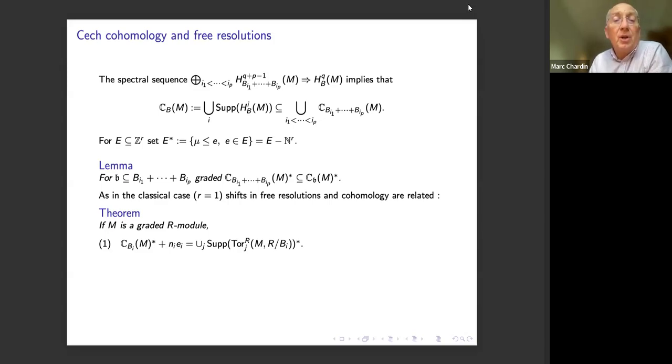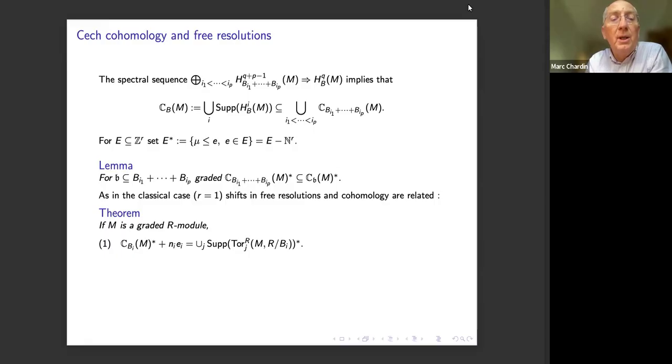So if M is a graded R-module, okay, then if you look at the cohomology with respect to B_i, and this is essentially just looking at graded pieces here, extending the usual results about cohomology with respect to one set of variables. So this is essentially an easy extension of the classical results.